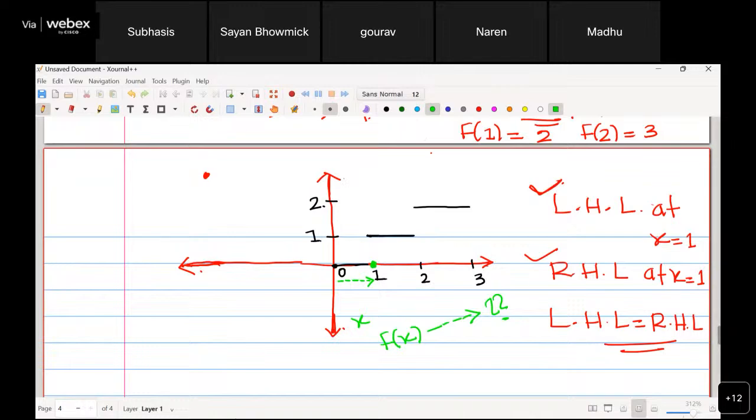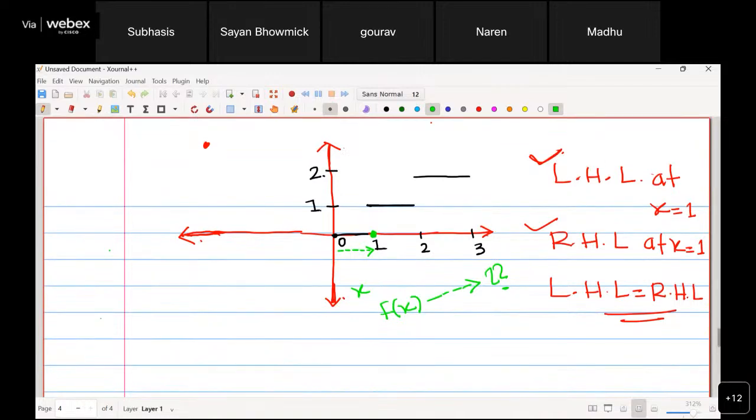Suppose I'm coming to 1 from the left hand side through the points 1 minus 1 by n. All these numbers are less than 1, so I'm using this sequence to approach 1 from the left hand side.